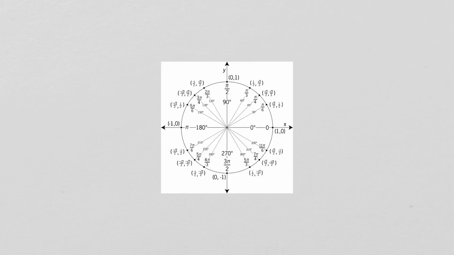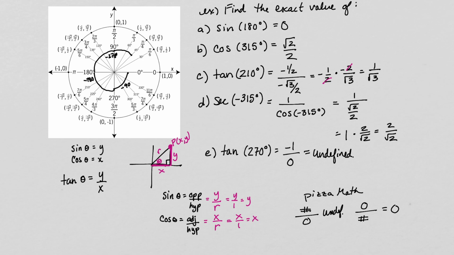Let me add in my unit circle again. And what do we have? We had E. Okay. F. The sine of 11 pi over 6.